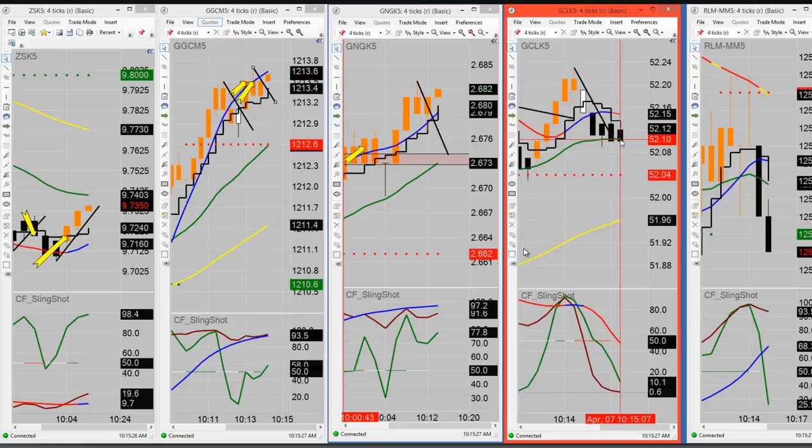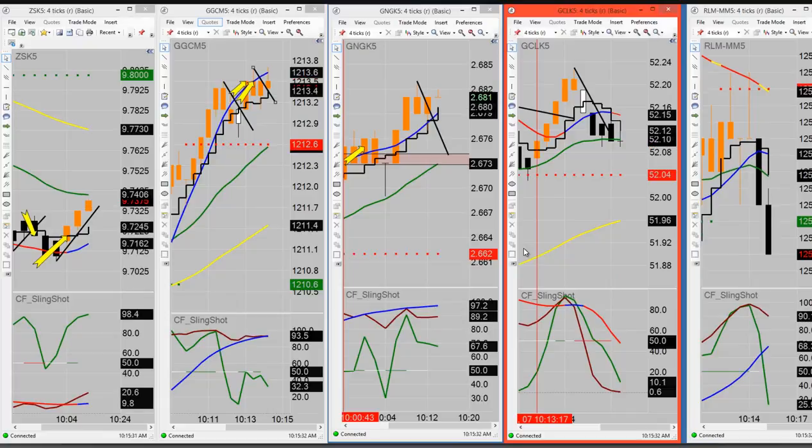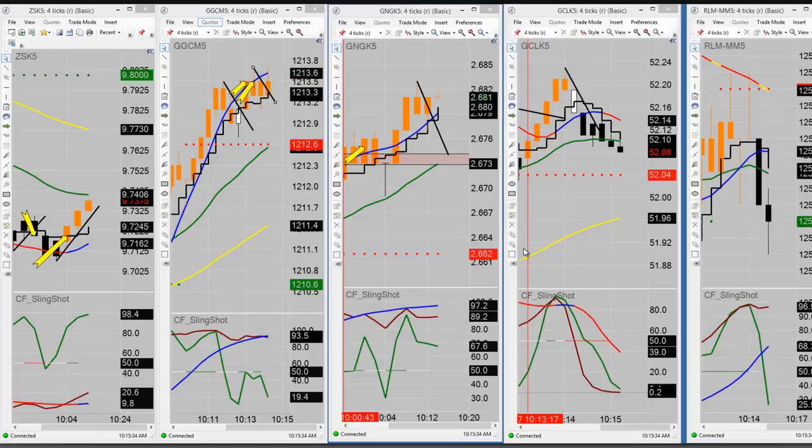What do we got going on here? Nothing we can do here with crude right now. Okay, the cycle's going down too steep over there. The soybeans went up, not down, so that order would not happen right there.